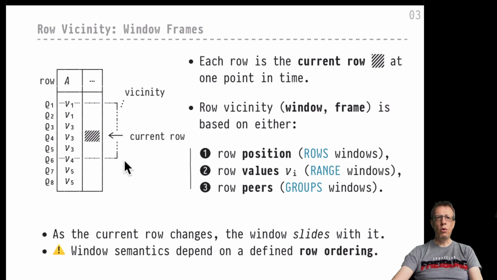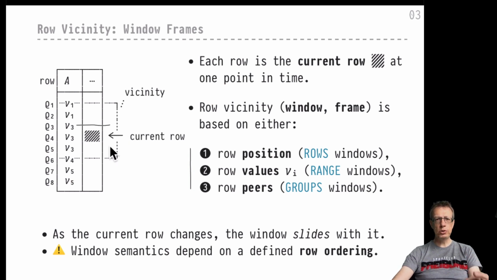As you can also now see, the semantics of these window functions, or the semantics of the vicinity rather, is really dependent on a row ordering. It only makes sense to talk about the vicinity, the neighbors, the context of a particular row if there is a well-defined order on the rows of the input table. So this is the current row, and this is the row before that.